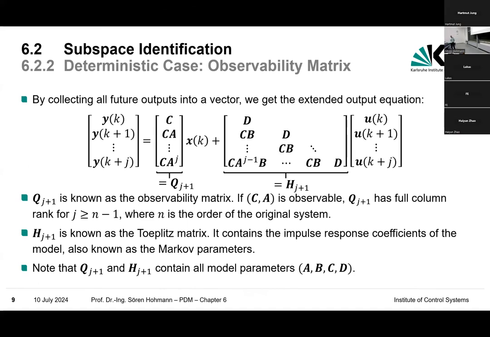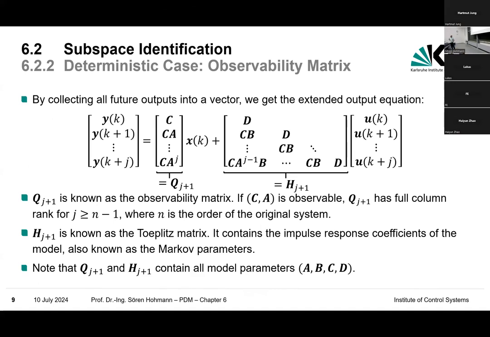If we had the matrices Q and H, where Q is Qn and J is assumed to be n-1, then it should be possible to get the parameters C, B, A, and D, because they are included, more or less.